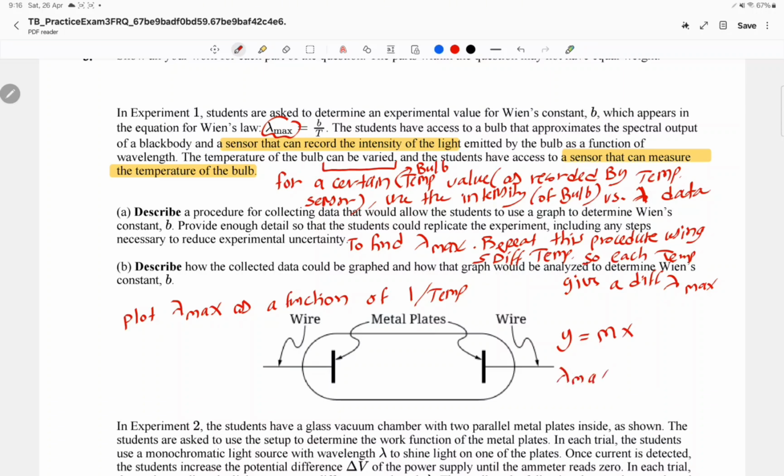Y is the lambda max, m is the slope, which is b, and the x is the 1 over T, basically. So the slope is b, which is Wien's constant. And you expect, of course, a linear graph.